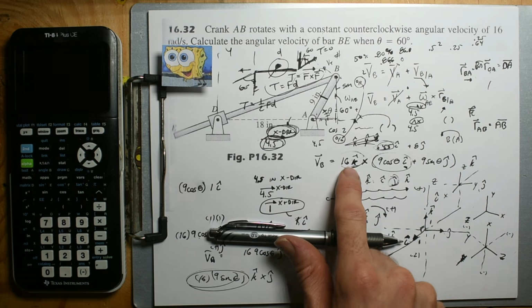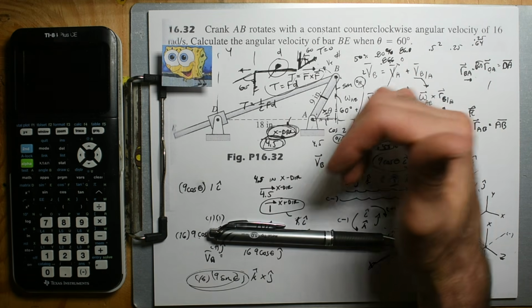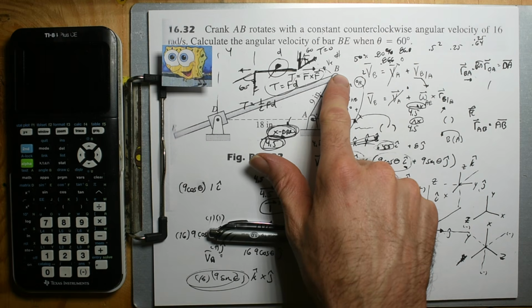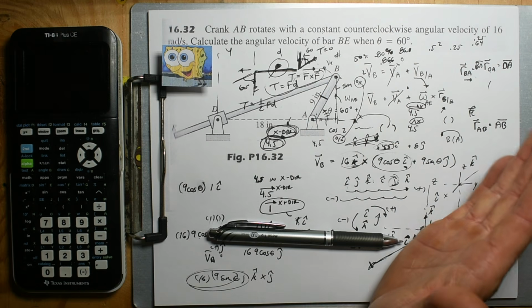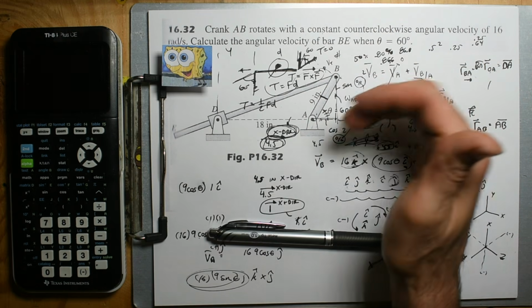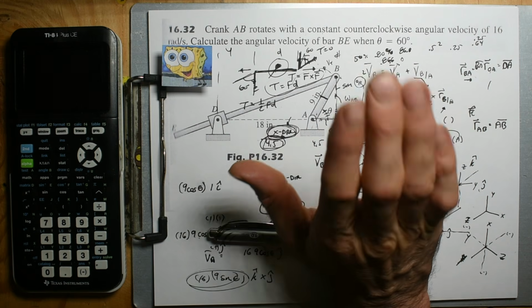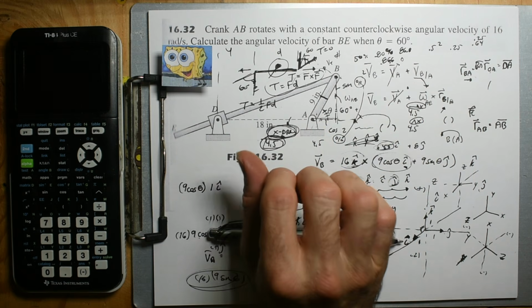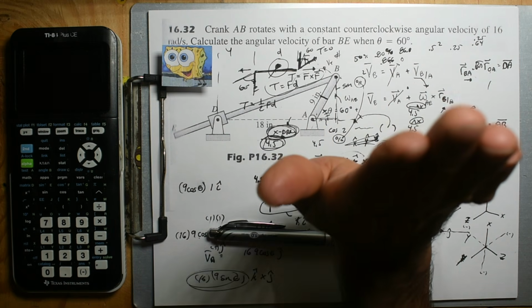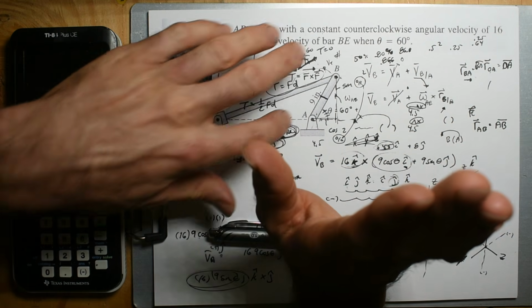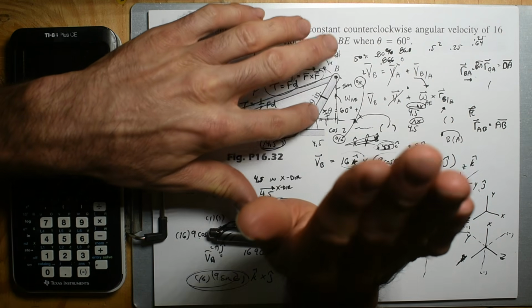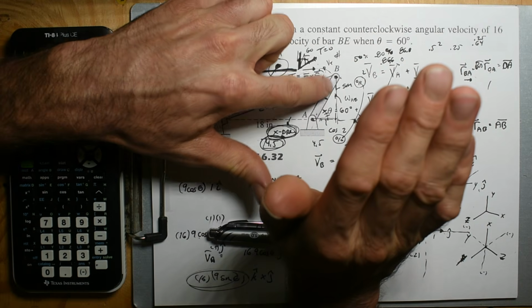We're taking the angular speed and then crossing it with the distance. Even though the angular speed is like this, it's still a vector, and its vector is out of the page. So I'm going to throw my fingers out of the page in that k direction, and then sweep my fingers into the direction of this r.